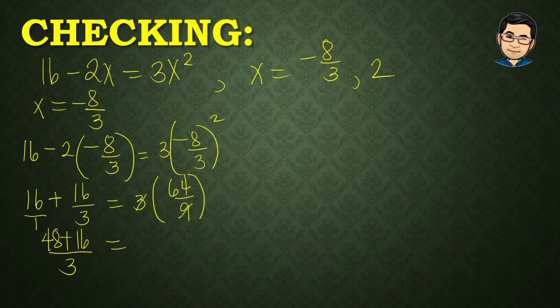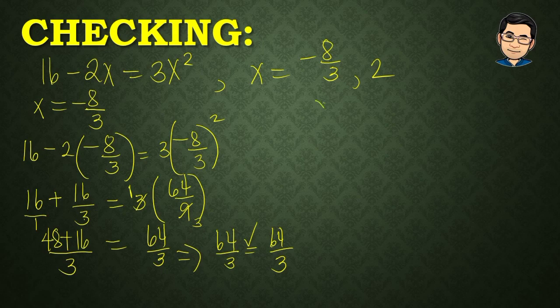So ito magiging 1. Ito naman, 3. Kasi ang common factor nila ay 3. So, magiging 64 over 3. And then, kapag in-add natin ang 48 tsaka 16, magiging 64 over 3 equal to 64 over 3. So, tama yung root natin na negative 8 over 3.